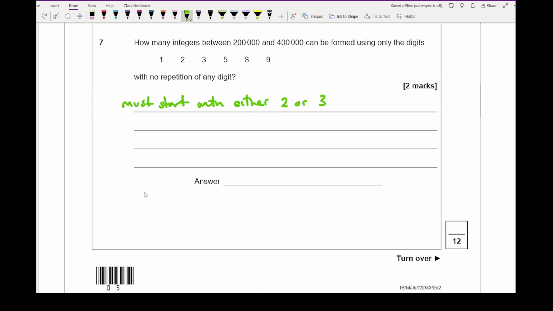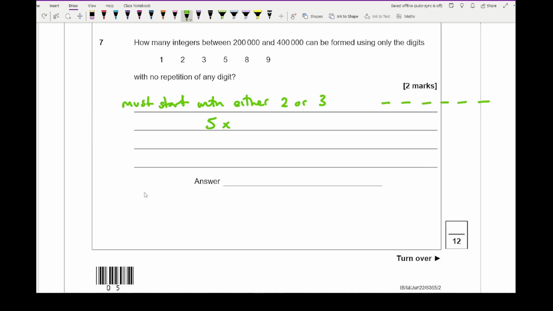Now in order for it to start with 2 or 3, if we ignore those numbers, then for the remaining digits I'll go for 1, 2, 3, 4, 5, 6.